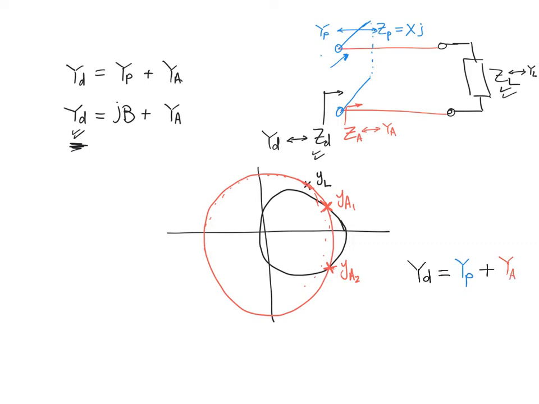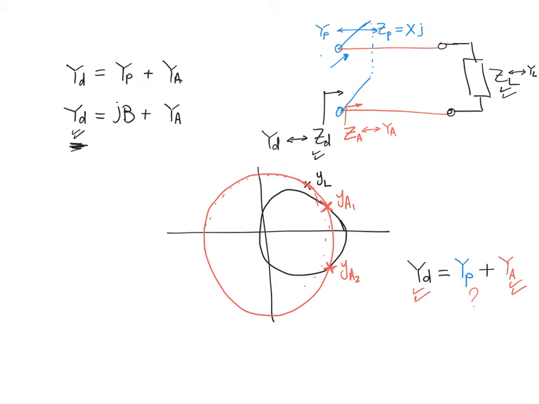And YA is known to me from the solution over the Smith chart. YD is known to me because I know what's the matching outcome that I want to get out of this circuit, and YP is the only unknown part, so I can easily figure out what's the required value for this parallel impedance, and then I can design the transmission line, again, assuming short circuit or open circuit, as we did in the lecture.